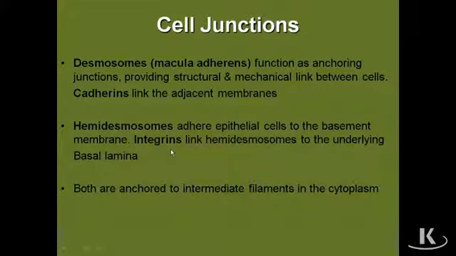And as we know, the cytoskeletal element that's closely associated with a desmosome are intermediate, usually keratin, intermediate filaments in the adjacent cytoplasm. And hemidesmosomes, as we said, link epithelial cells to the underlying basement membrane, but instead of utilizing cadherins as their adjoining molecule, they utilize integrins that link hemidesmosomes to the underlying components of that basement membrane.